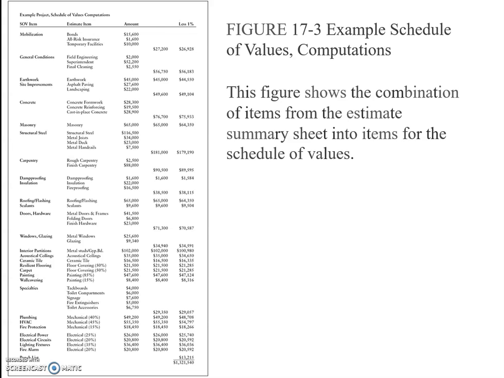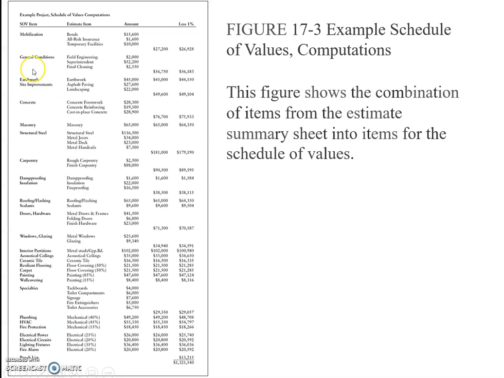So 1% of each schedule of value item has been deducted and combined into a punch list line item. So the total for this work in sheet indicates the project costs without markup added at this point.